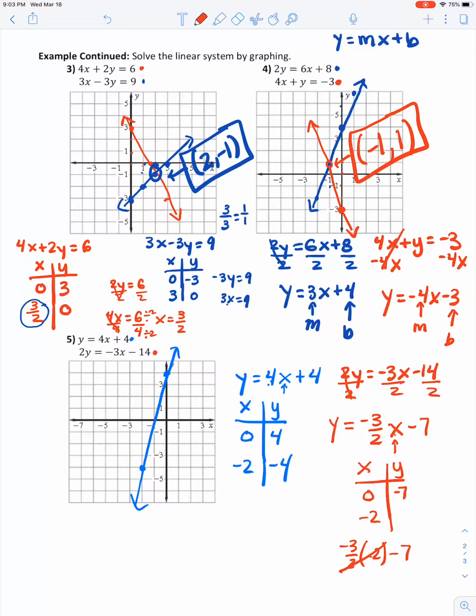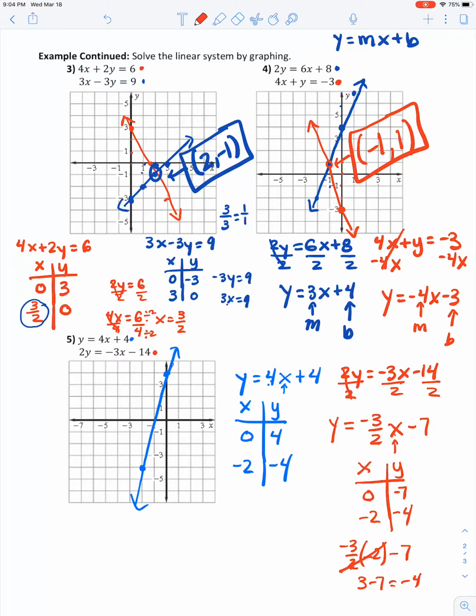Those 2's cancel, so it makes it easier. Oh, excuse me. This is a negative times a negative, so that makes a positive. So it's like saying 3 minus 7, which is -4.